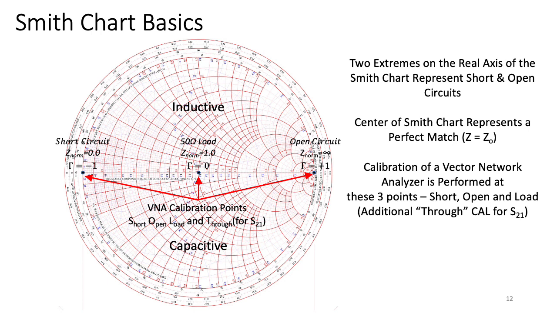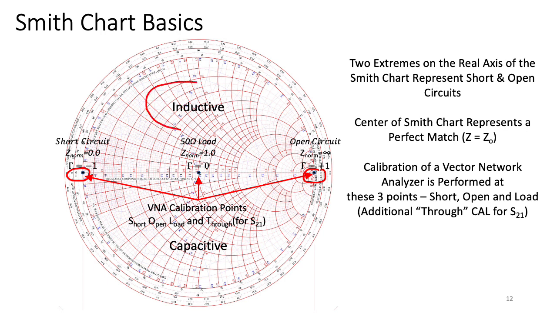We have the right-hand corner of the Smith chart, which corresponds to an open circuit. That's at gamma equals +1, where I get complete reflection coming back. And on the left-hand side of the Smith chart, I end up with a gamma of -1, which corresponds to a short circuit or a normalization value of 0, and complete reflection with 180 degrees phase shift.